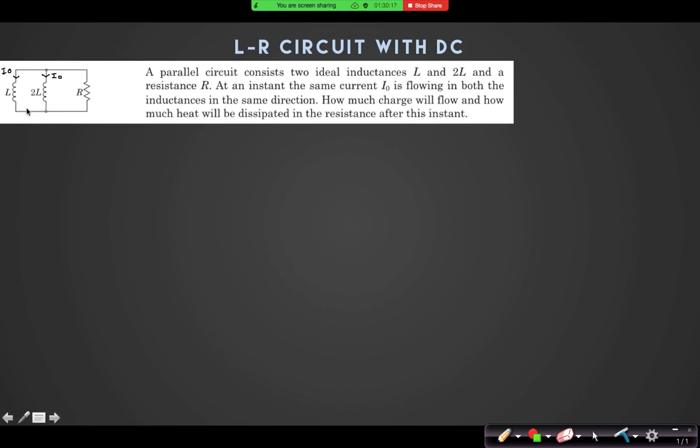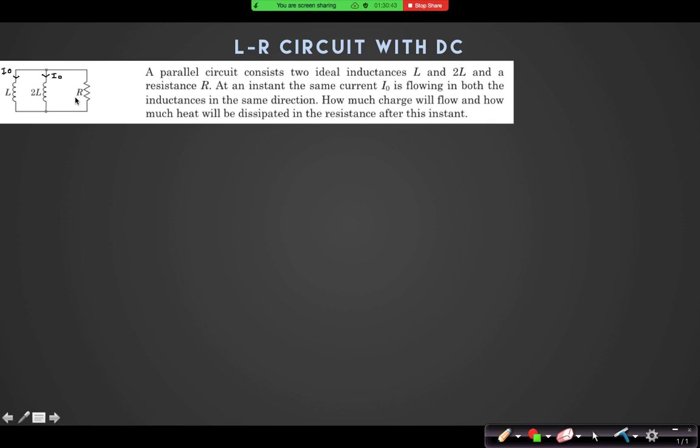What can you say about the final conditions? You can say that finally both of them will carry zero current, because finally the resistance should carry zero current, yes or no? Finally, which branch will carry zero current? Definitely the resistance will carry zero current at infinite condition. Otherwise the heat will go on dissipating.